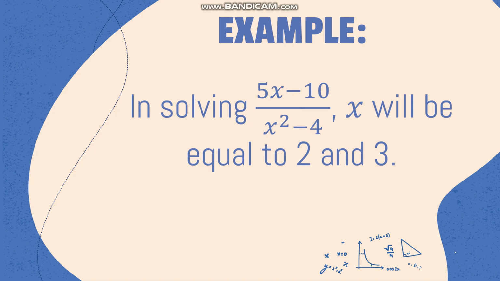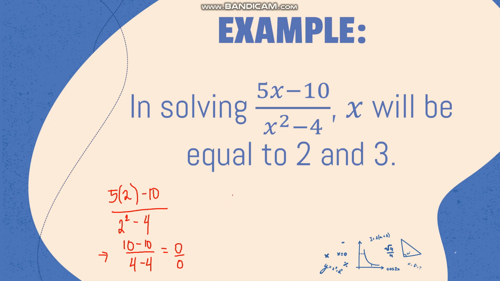Now, if you substitute this into the given rational expression, let's say we have 2: 5 times 2 minus 10 over 2 squared minus 4. If you simplify, this becomes 10 minus 10 over 4 minus 4. So we have 0 over 0.